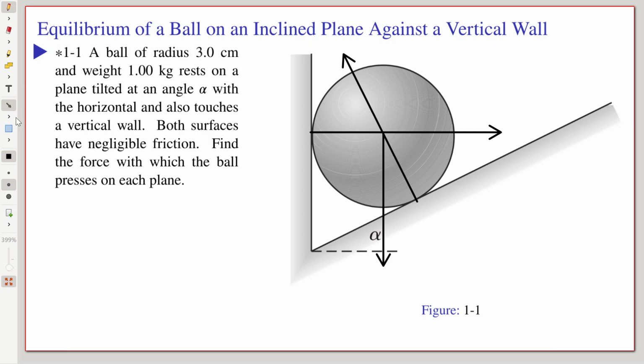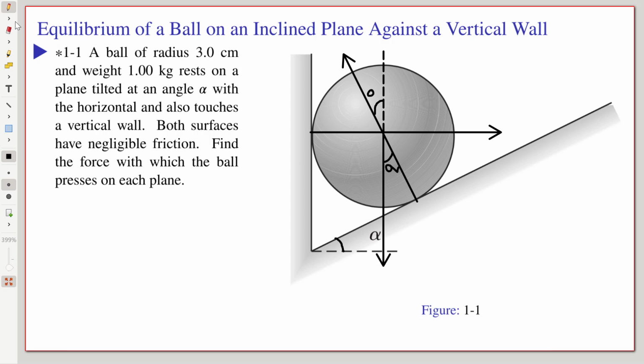Now if I draw a dashed line here, it shows that the normal force is tilted by an angle. Let us get back to the standard. Notice that this angle alpha here is equal to this angle here geometrically, and the same here too.